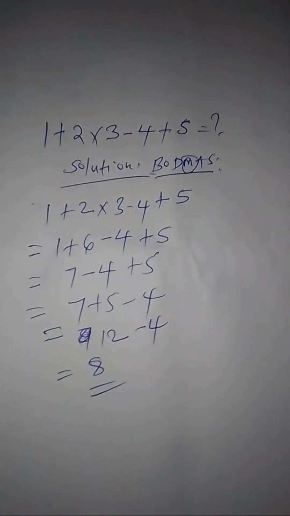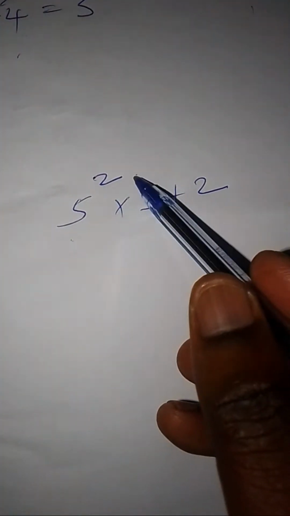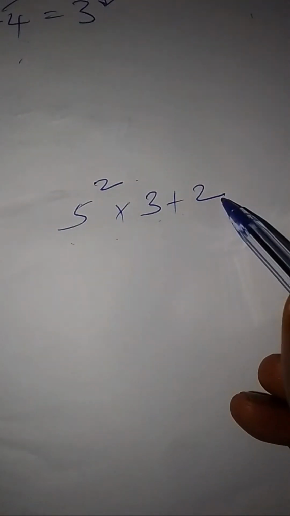Okay, so we can write a similar problem here whereby we can work out 5 squared multiplied by 3 add to 2.